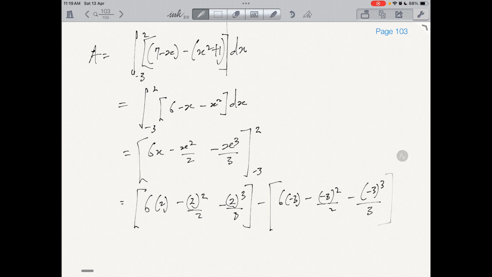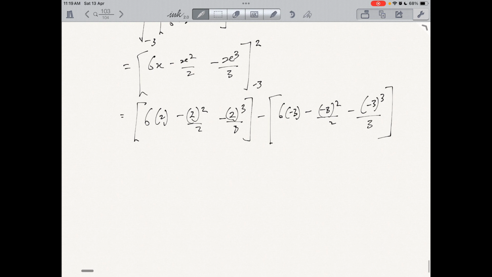Therefore, simplifying this, we have 7 1 over 3 minus minus 13 1 over 2. And in conclusion, our final answer will be 25 over 6 square units.